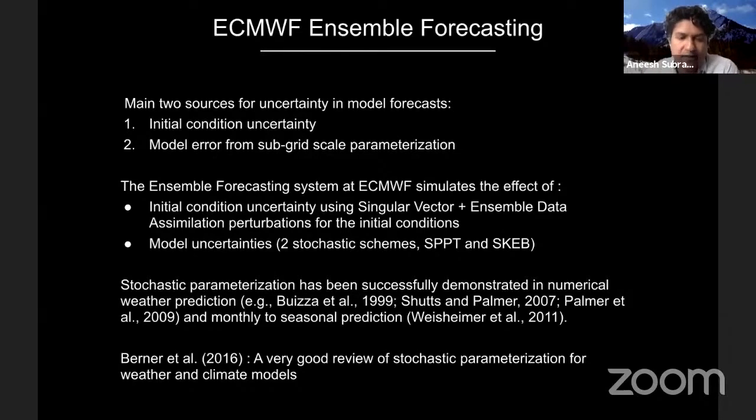The model uncertainty is represented through what's known as stochastic parameterization. So that's adding a random noise function to the model that perturbs the model in a way that represents the uncertainty in our model solution accurately.